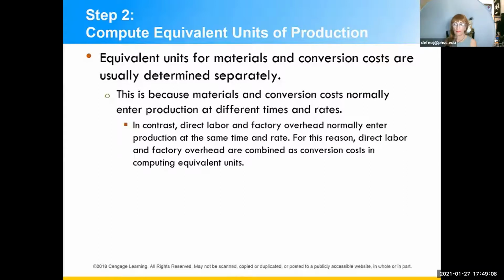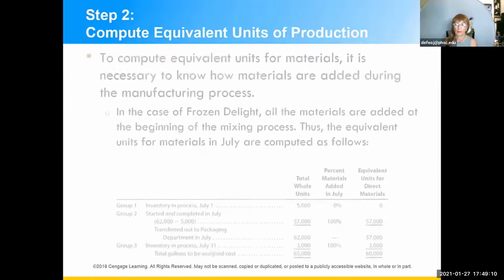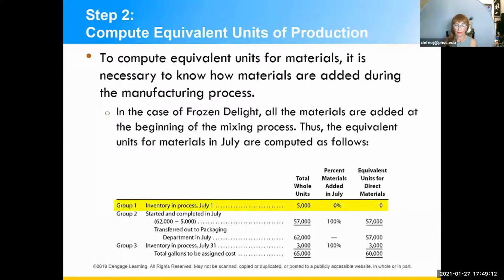into the production process. On July 1st, there is inventory in process of 5,000 units. All materials used by Frozen Delight are added at the beginning of the mixing process. This means that the materials used in the beginning inventory units were added during the previous period. Thus, the equivalent units for direct materials for the beginning inventory in July are 0.